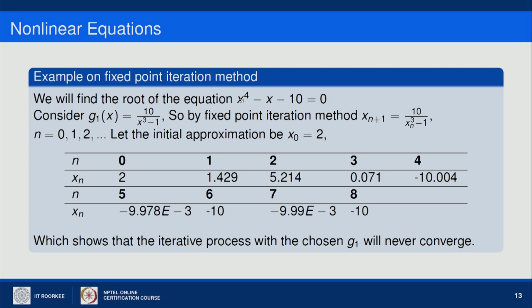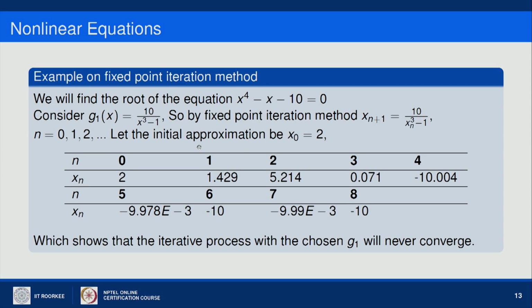Now, let us take another example of the fixed point iteration method. Suppose we have the fourth order polynomial equation x4 minus x minus 10 equals 0. Consider g of x as 10 upon x cube minus 1. By the fixed point method, the iterative formula becomes x of n plus 1 equals 10 upon x n cube minus 1 for n equals 0, 1, 2.